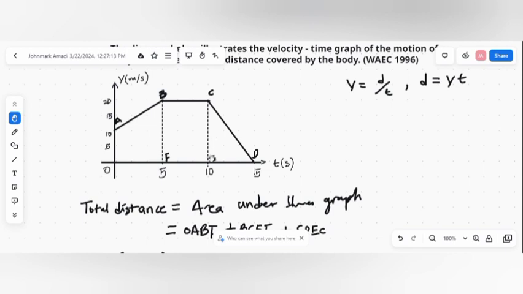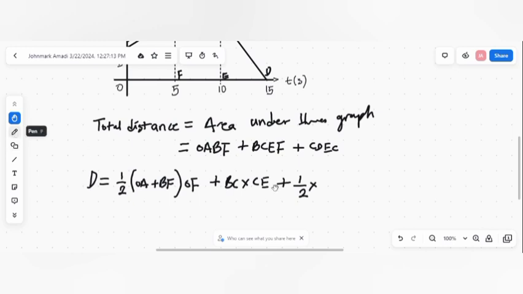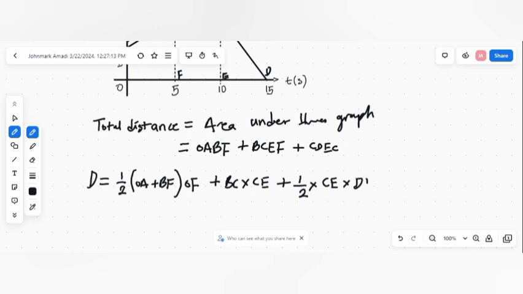So a half of CE times DE. So this is the formula for the area of a triangle, after the first one for the area of a trapezium, and the area of a rectangle or square.